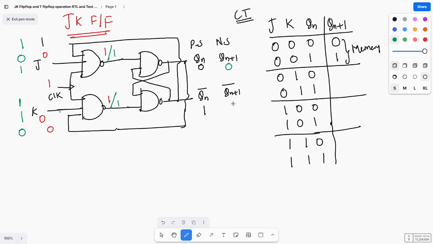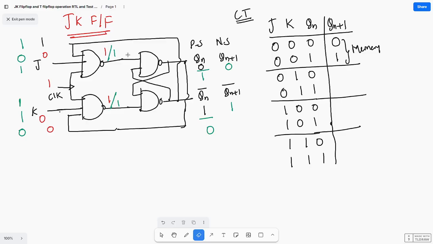So that is 0 and 1. Next case, so this is 1 and this is 0. So 0 will be feedback. If you see this case, you will get memory state. So first one is memory state only.